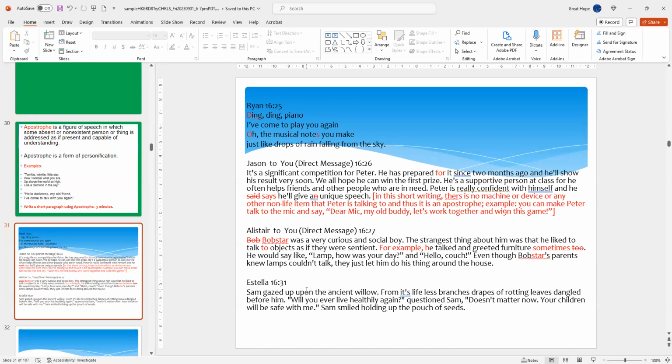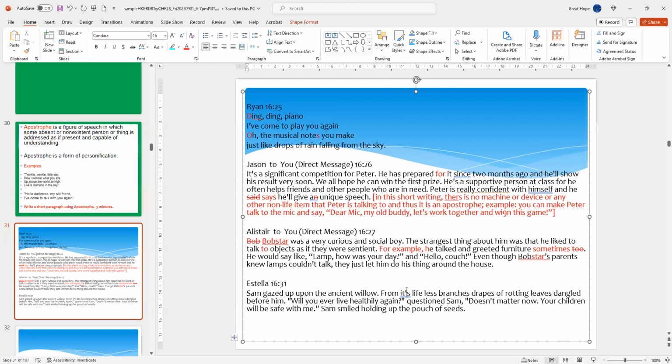Sam gazed upon ancient willow. Yeah, it's very interesting, saying ancient willow. From its life lesson branch, take away the actual apostrophe. Life, you mean lifeless? That's not 2 words, it's 1 word.